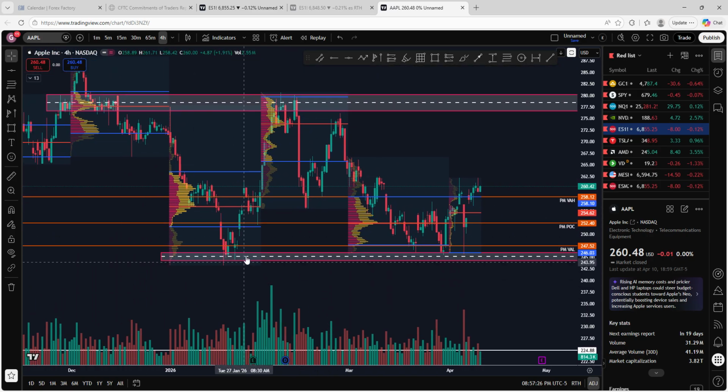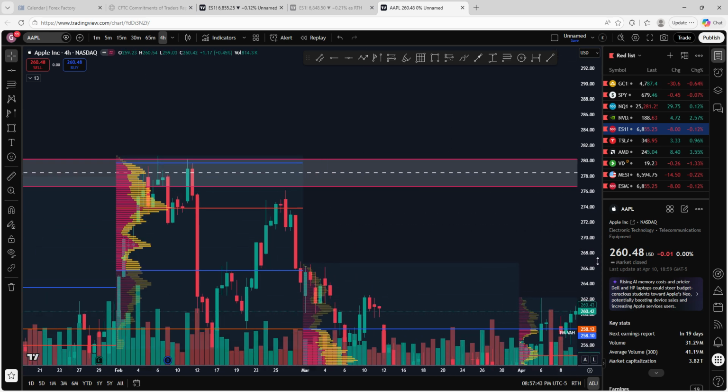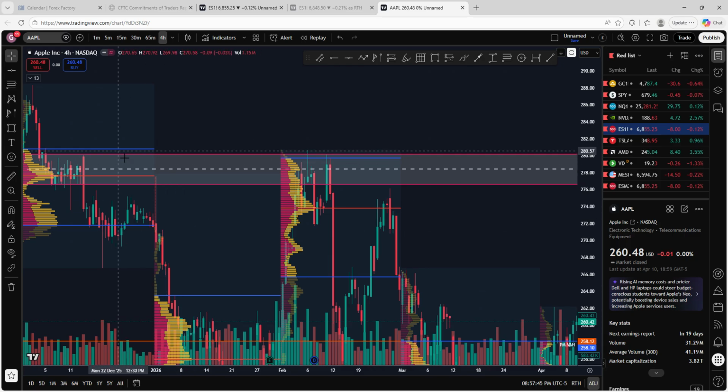And from here, they manage to give you changes of character here, and essentially, did they make an equal high here, or did they take them out? No, they did not take them out here. I think they made an equal or a little bit lower high right here.